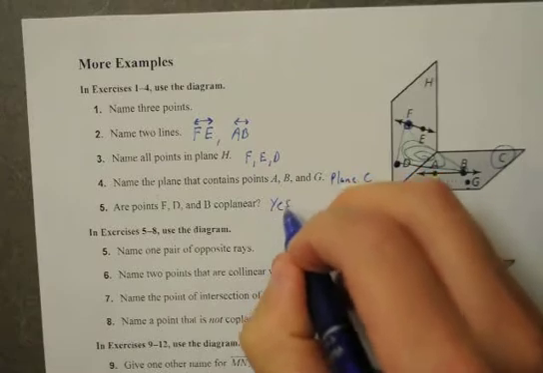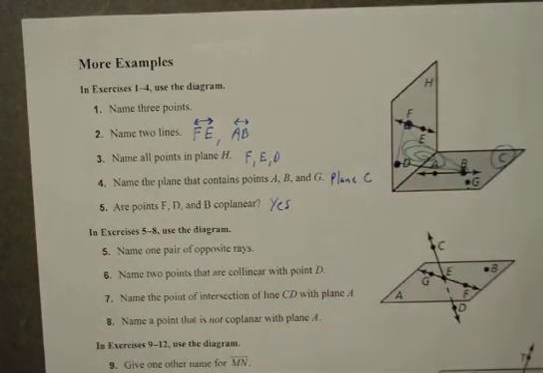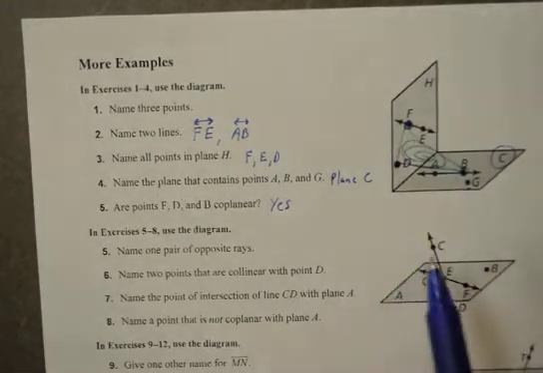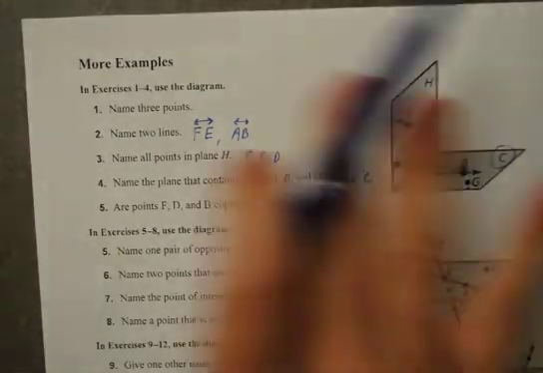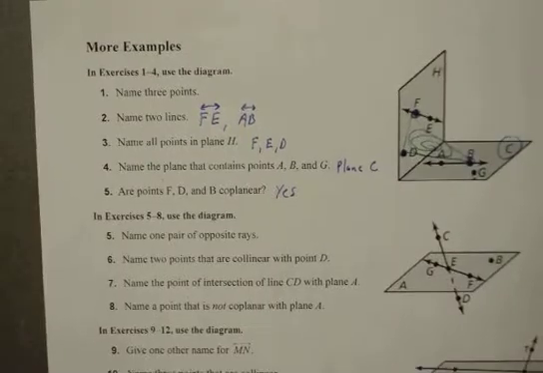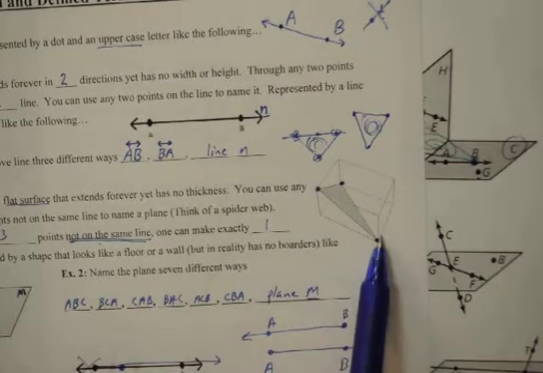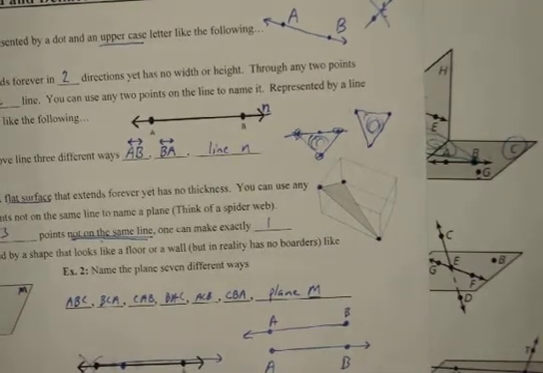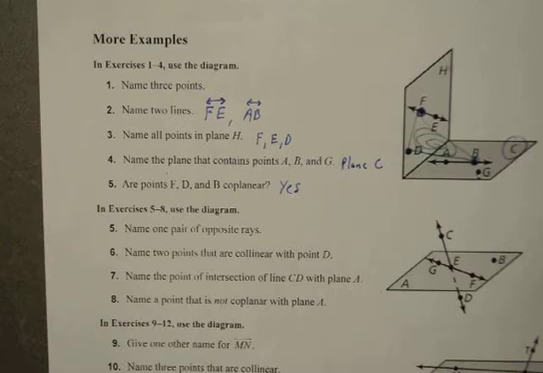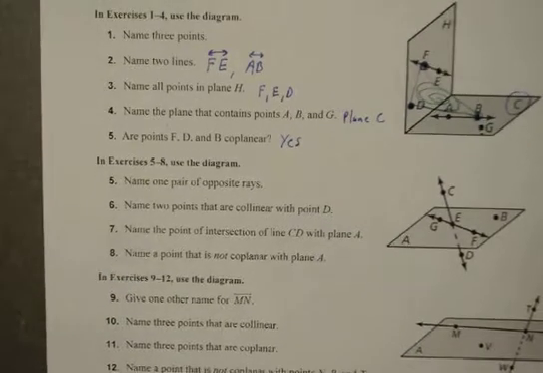The answer is yes. Because we learned on the first line, any 3 non-collinear points, which these are, there exists a plane. You can make a flat surface through there. Okay, remember, any 3 non-collinear points, you can make a plane. That's a tricky one. You gotta watch out for those.